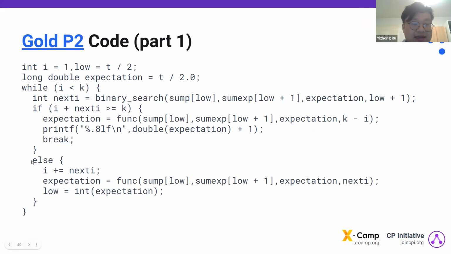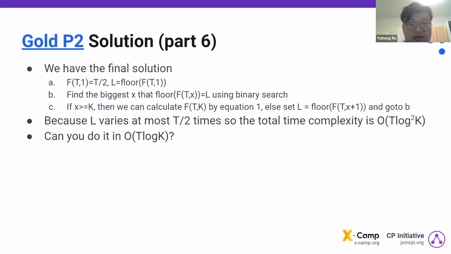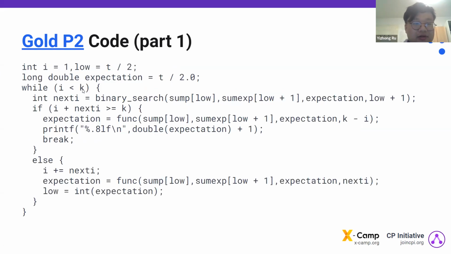First, this is the main part. We define low and the expectation, which means first we calculate f(t, 1), right? i equals 1, and low is t divided by 2.